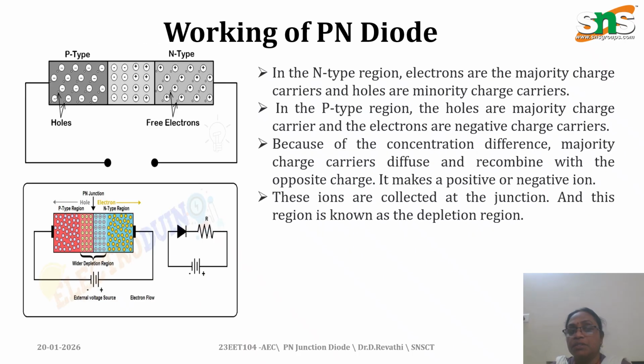After joining together, a region forms that we call the barrier potential, and there is no current flow between P-type material and N-type material.